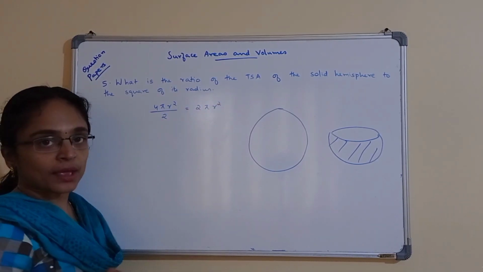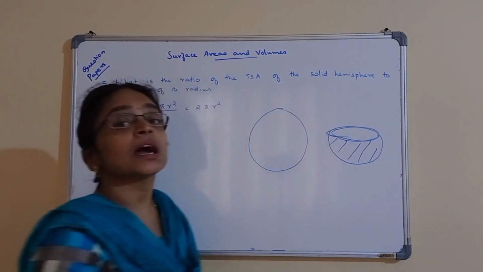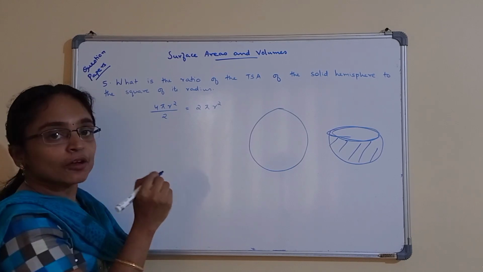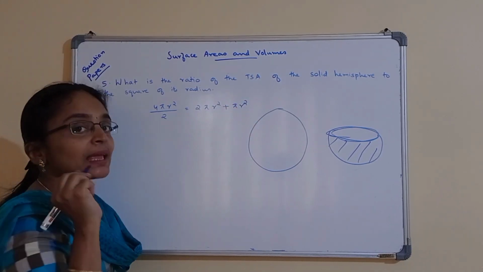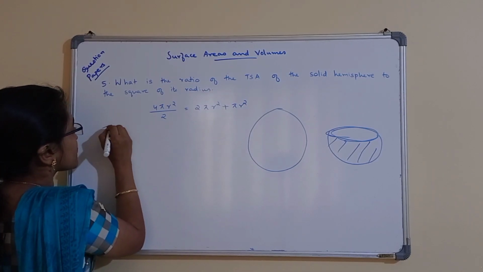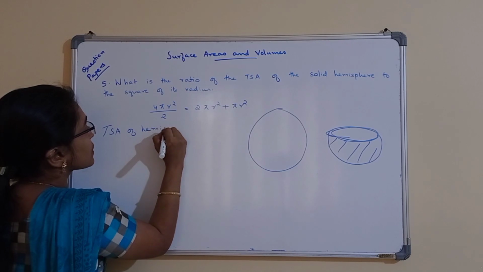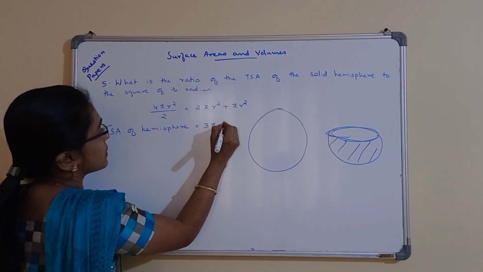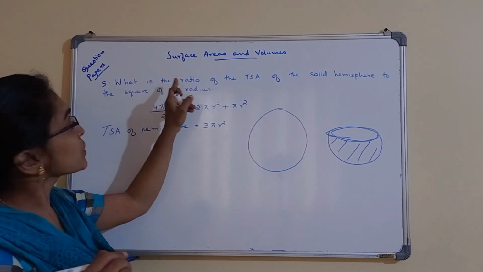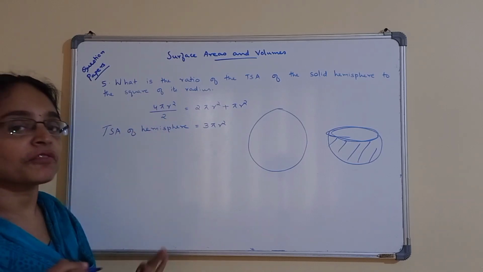Okay. Now this area also you have to calculate, that is area of a circle. What is area of a circle? It is pi r square. So total surface area of hemisphere is equal to 3 pi r square. Okay. And here the question is the ratio of TSA of solid hemisphere to square of its radius.